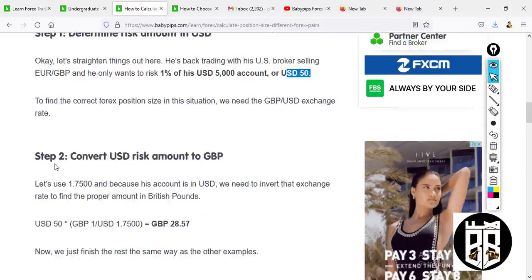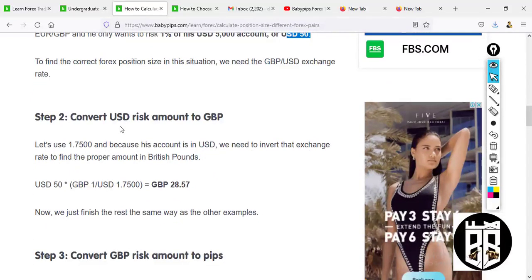So the very next step is to convert the USD risk amount to GBP. Let's use the exchange rate of 1.75. Because his account is in USD, we need to invert that exchange rate to find the proper amount in British pounds.